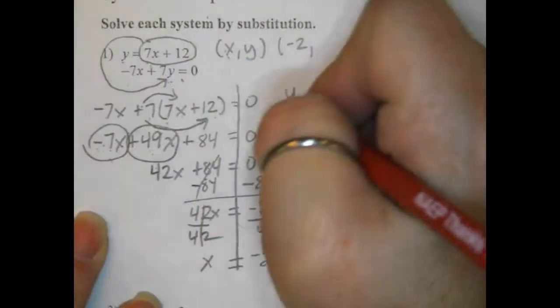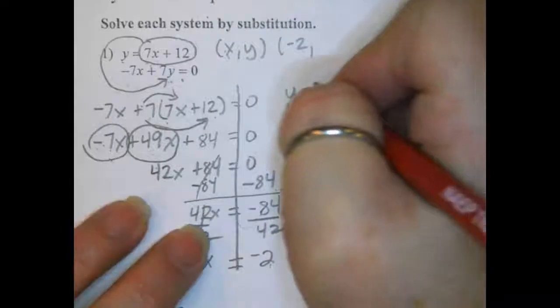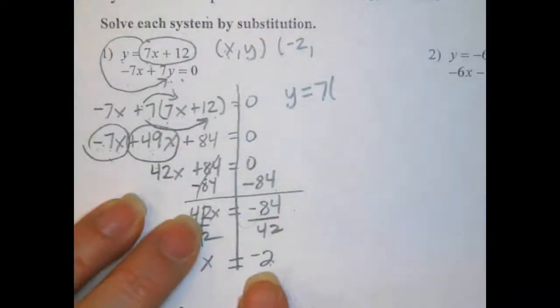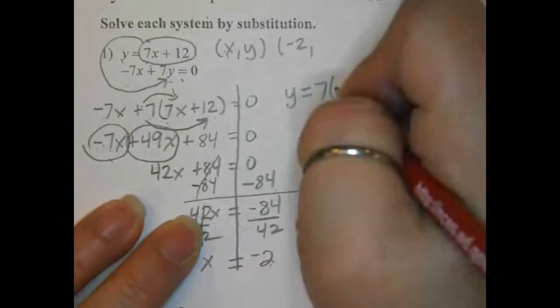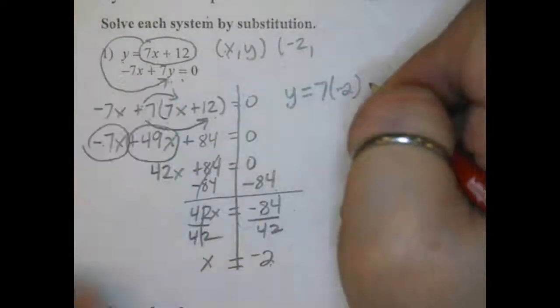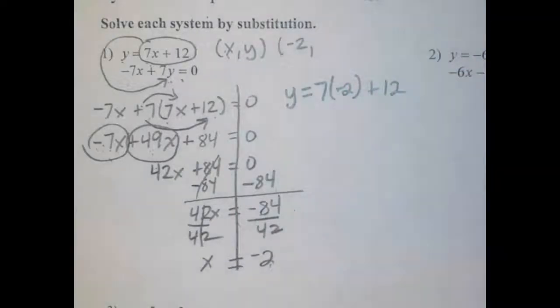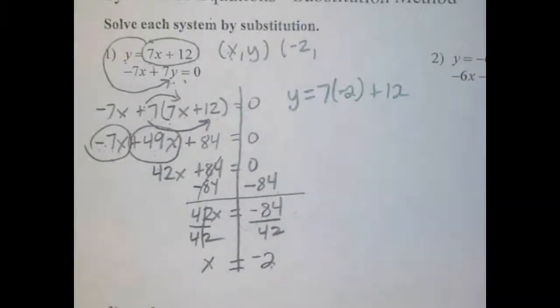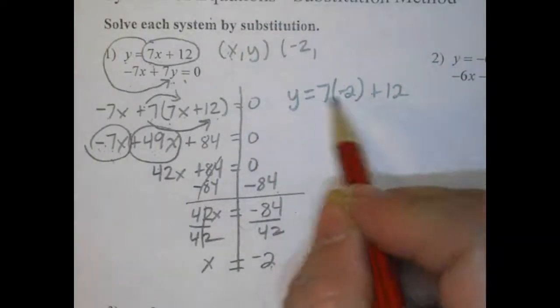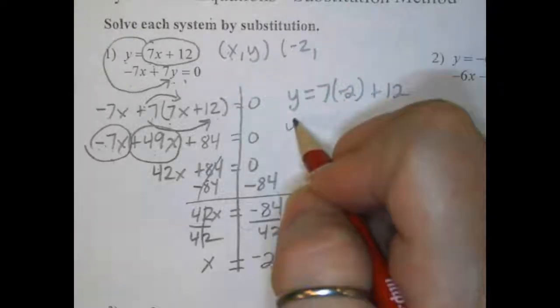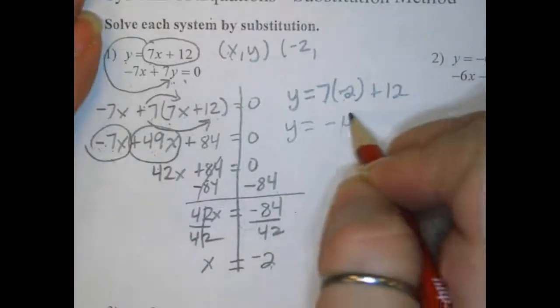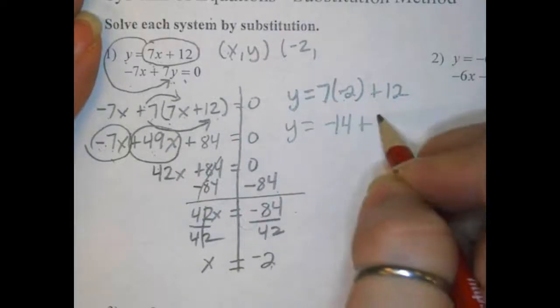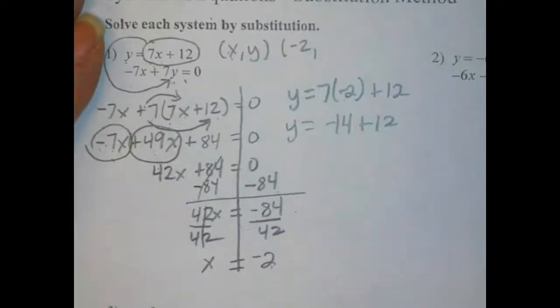So my equation is y equals 7 times, and instead of x, what am I going to say? Negative 2, plus 12. Right? What is 7 times negative 2? So I'm going to have negative 14 plus 12. What does y equal?